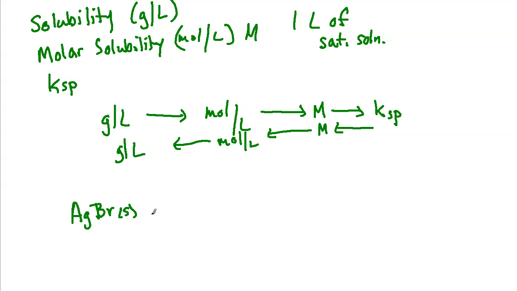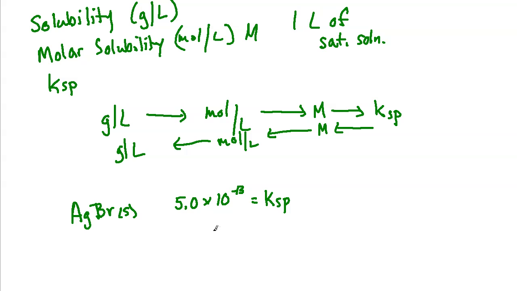You can look in the back of the OpenStax chart to find the KSP value here. So the KSP value that I found in the OpenStax chart was 5.0 times 10 to the negative 13th. All right, and this value is going to be equal to the KSP for AgBr.